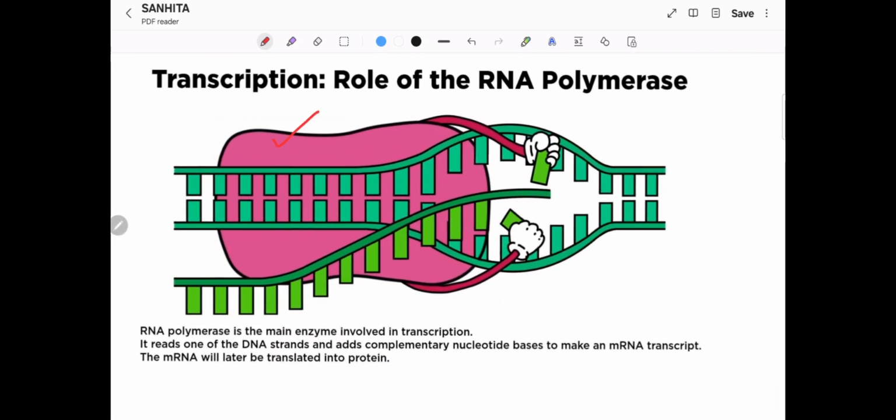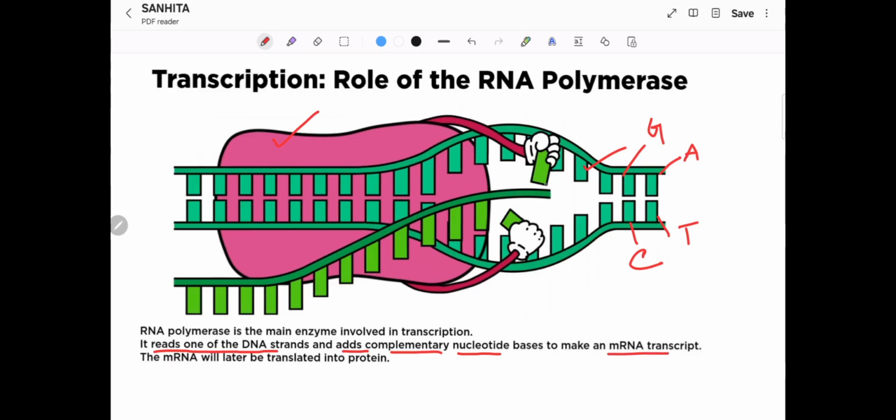See, this is the role of RNA polymerase. This is the enzyme RNA polymerase. It reads one of the DNA strands and adds complementary nucleotides. Like if it is A, it will be T; if it is G, it will be C. So guanine, cytosine, adenine, thymine, complementary nucleotide bases, to make an mRNA transcript.